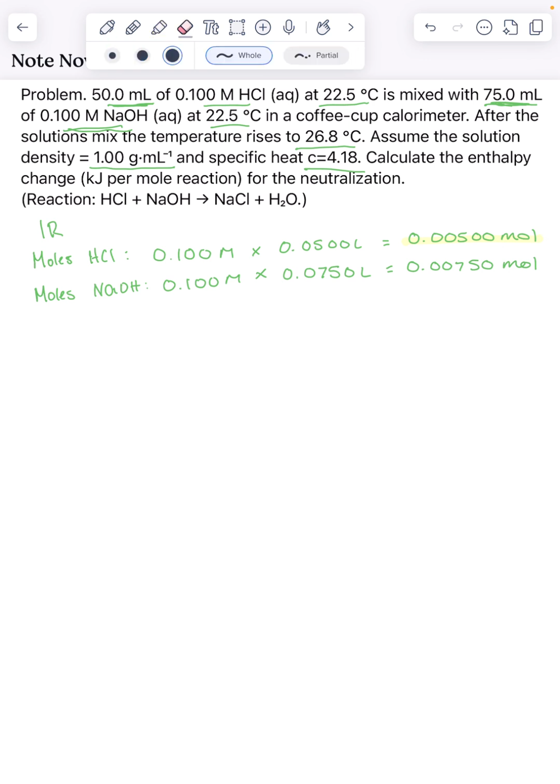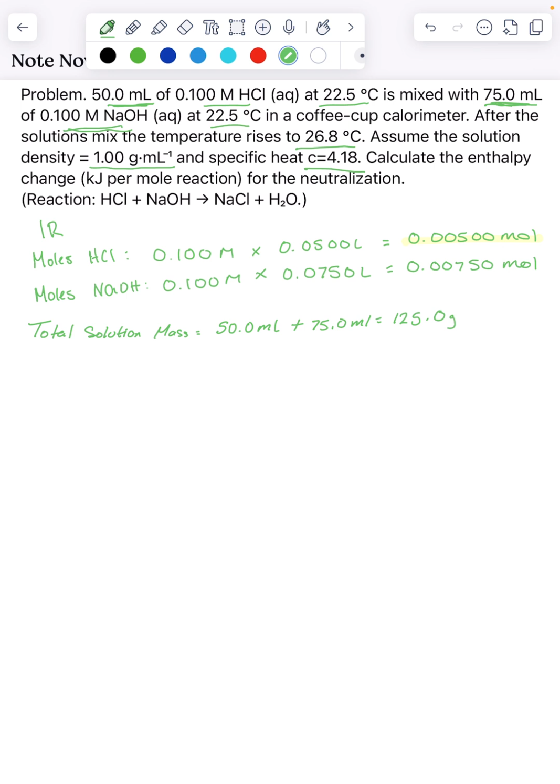And now we have to find the total solution mass. So we have 50 milliliters plus 75.0 milliliters is 125.0 grams.